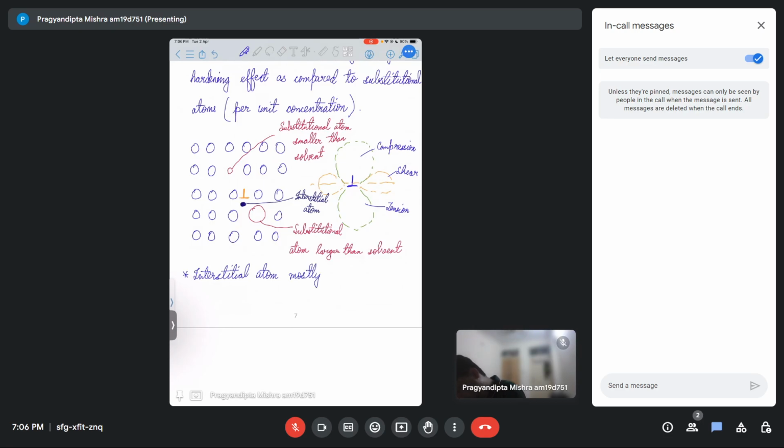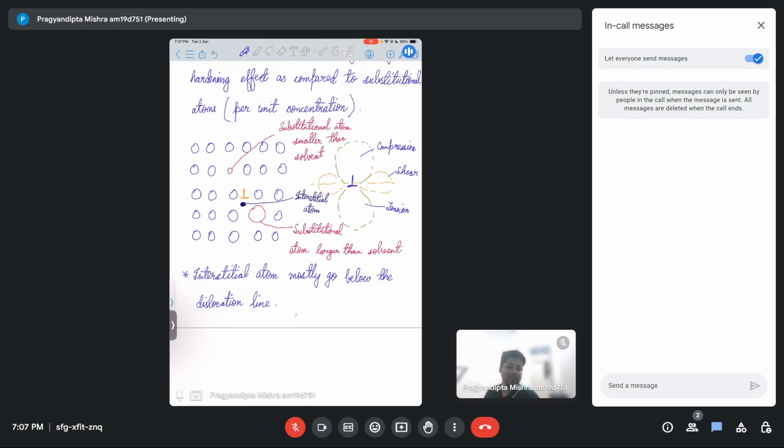Because most of the times they want to release the tension. While the substitutional atoms, they go above or below depending on the size of the substitutional atom, okay, whether it's big or small compared to the solvent atom.